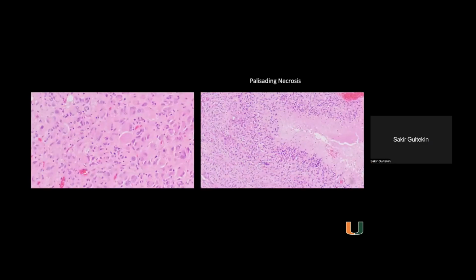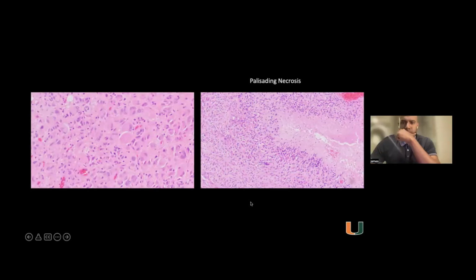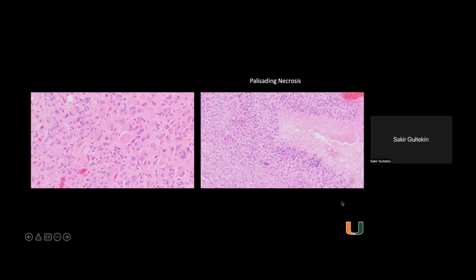So here you see on the left a typical malignant glioma infiltrate with large pink cytoplasm. Some of them look gemistocytic, infiltrating through the background parenchyma. On the right side, you see the typical telltale necrotic pattern that is often seen in high-grade gliomas, especially glioblastomas.